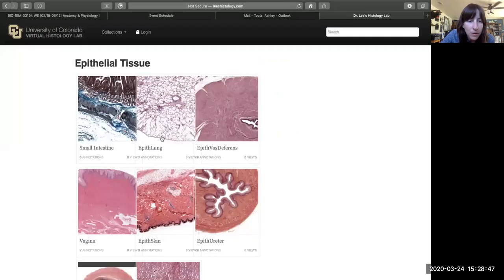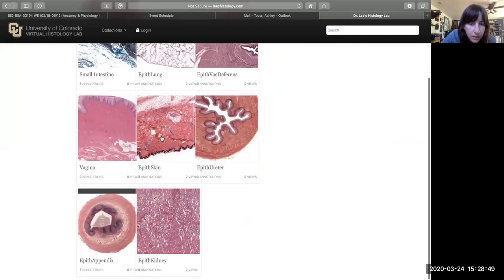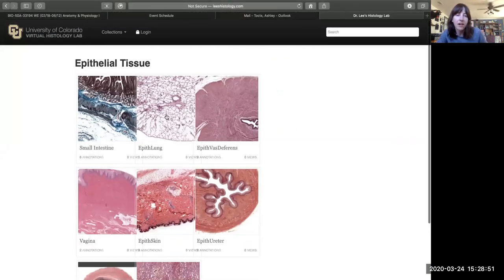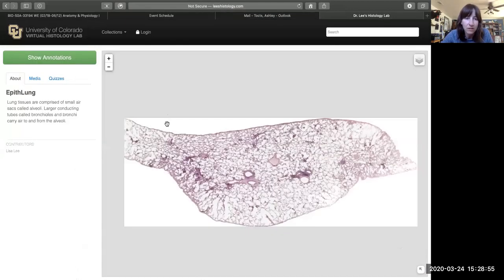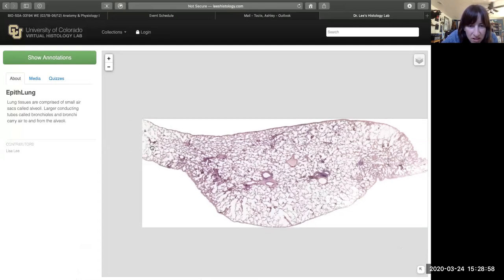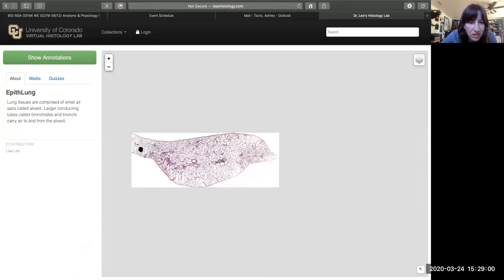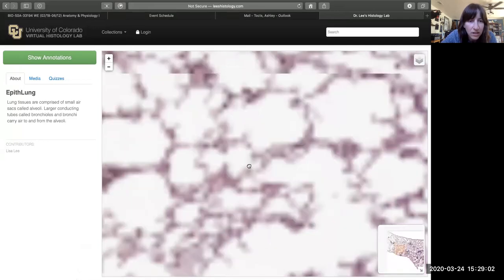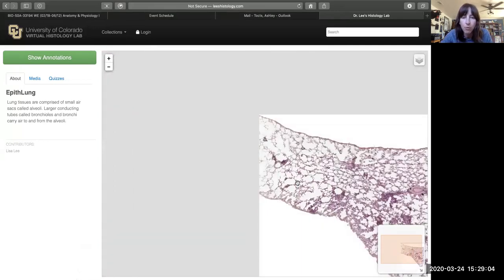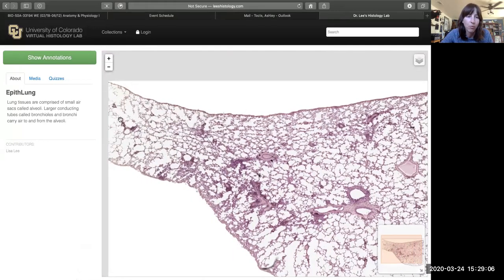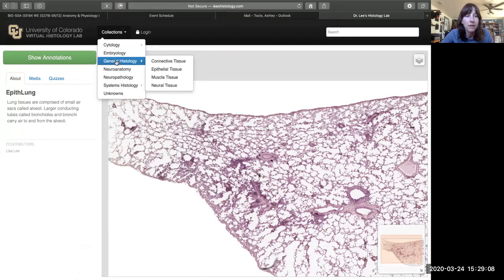Nope. This is not so useful because you're only seeing the actual lung. I don't think this is actually the bronchus, which should be over here. It's still just the lung proper.